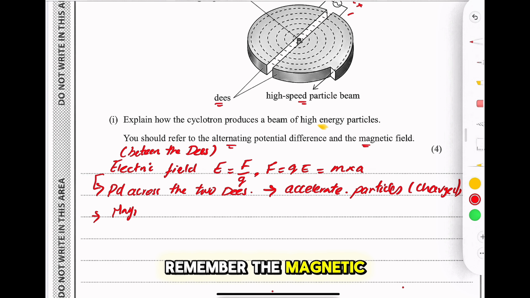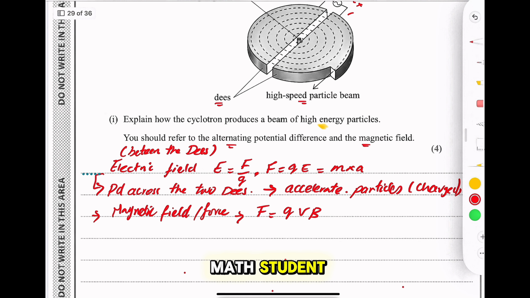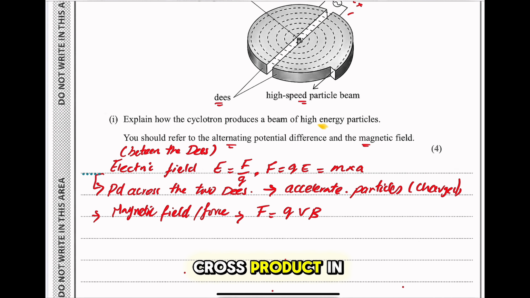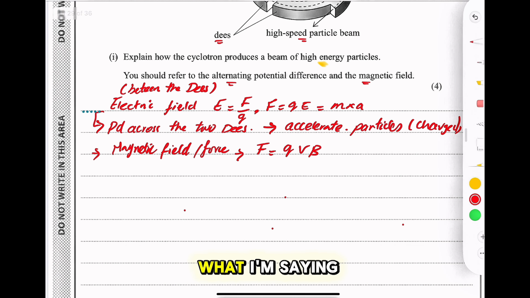Remember the magnetic field. This is an external magnetic field or magnetic force. And if there is F equals QvB, and if you are a further math student and you understand cross product in math, you are able to understand what I'm saying.